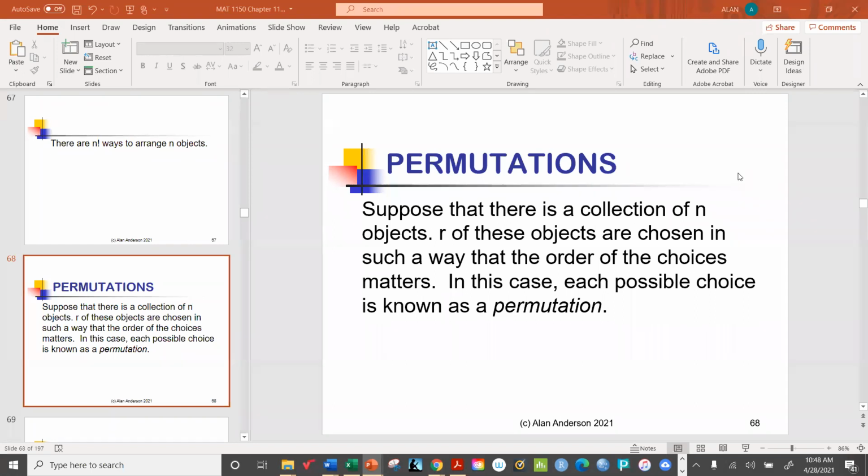Suppose that you've decided to donate 2 of your paintings to a museum. Let's say you've got a nice big collection. It's too much for your house. You decided to donate 2 of your paintings to a local museum out of, let's say, 100 that you own. How many different ways can you pick 2 paintings to give to the museum?